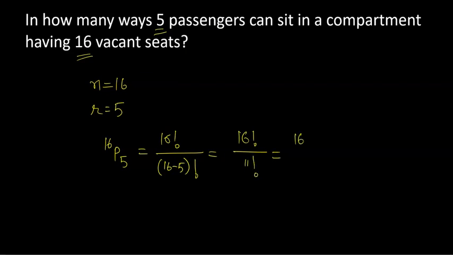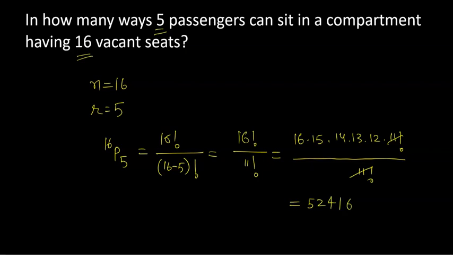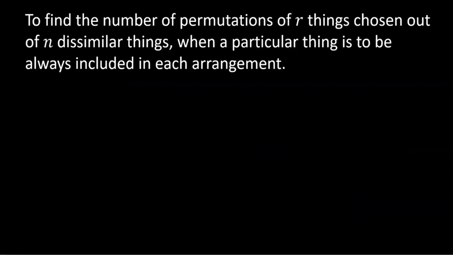Simply solve it: 16 times 15 times 14 times 13 times 12 times 11 factorial divided by 11 factorial, and if you solve it, 524160 are the total possible arrangements for these 5 passengers on those 16 vacancies.